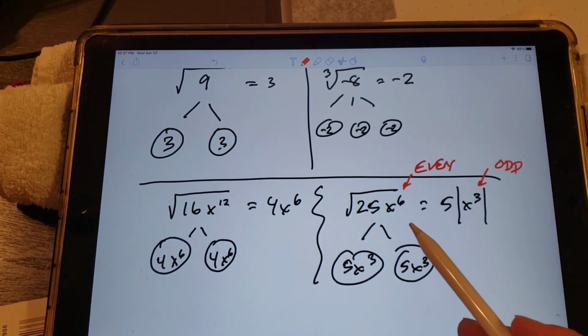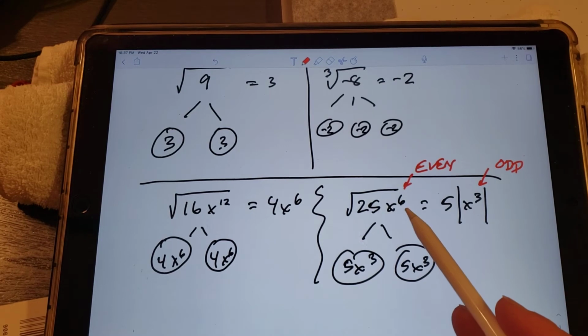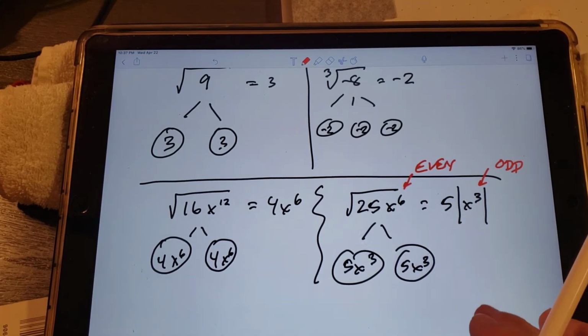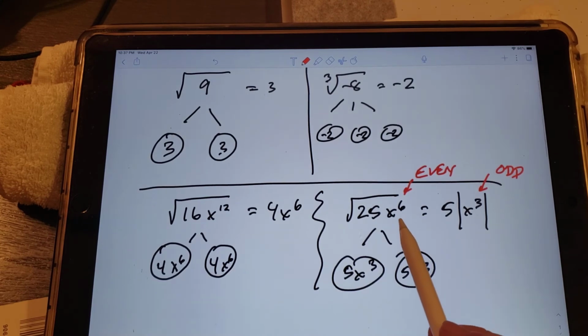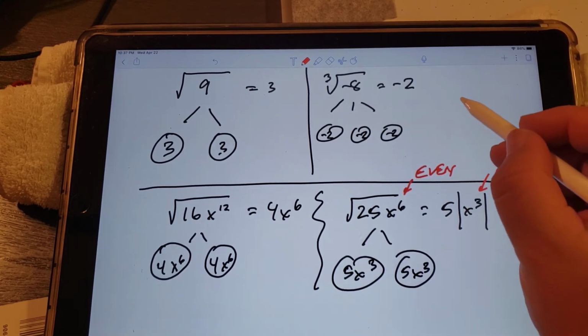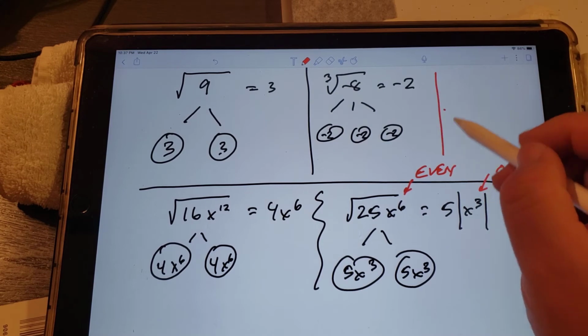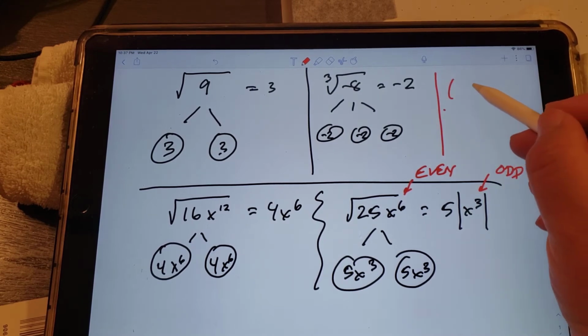Well, an even exponent will make negative things positive. What I mean by that is, if I took a negative number, let's go way back to an order of operations style question.